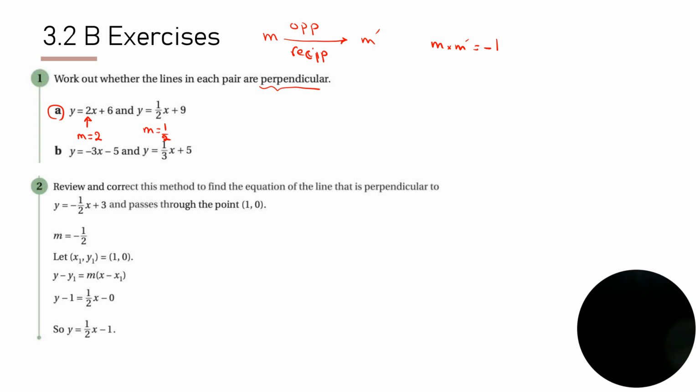If they want to be perpendicular, we have to multiply the gradients, and we must get -1. Let's try. 2 times half, it's going to be just 1. It's not -1. Therefore, no, the lines are not perpendicular.